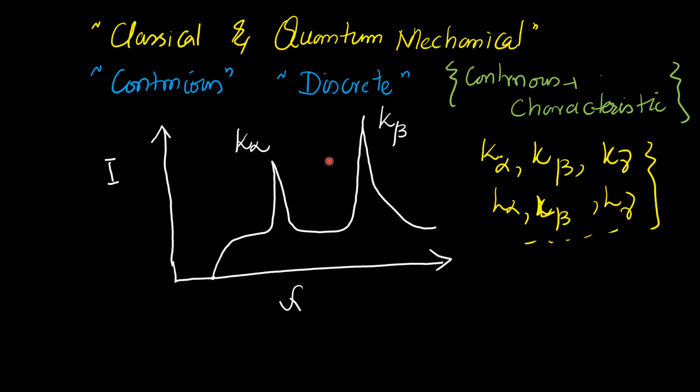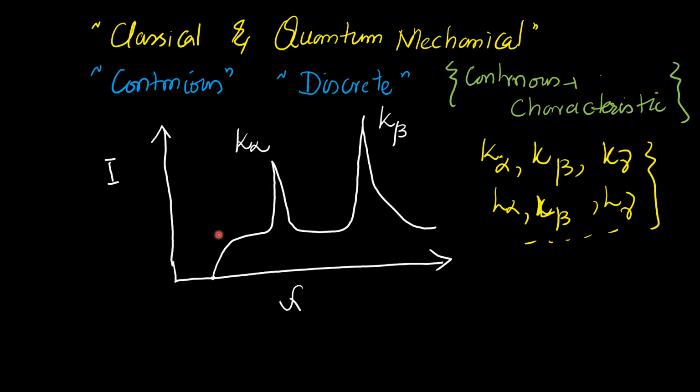The K alpha and K beta radiations are produced due to inner shell transitions of these energy levels. Due to this, they have a specific quantized energy. That is the reason we cannot explain K alpha and K beta classically, but they are explained on the basis of quantum mechanical theory.